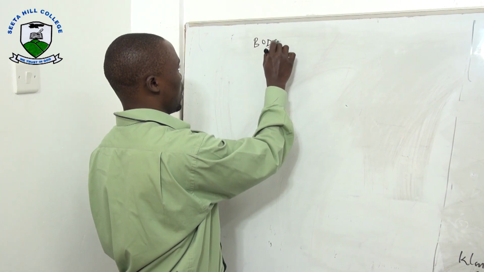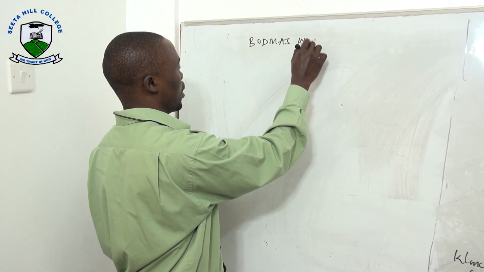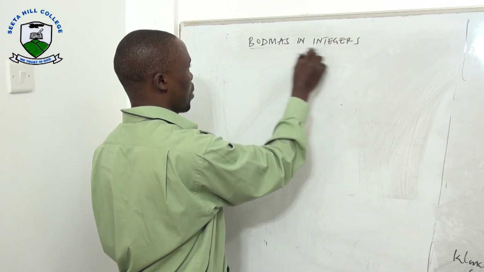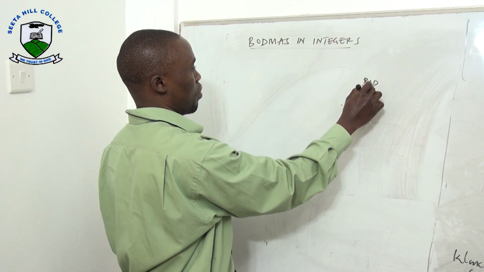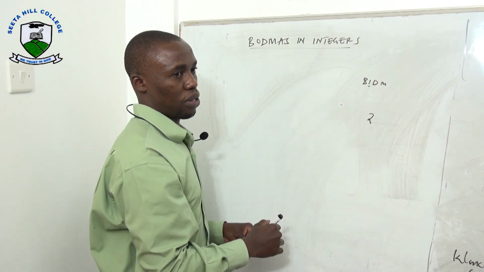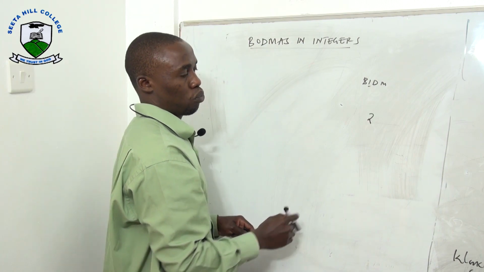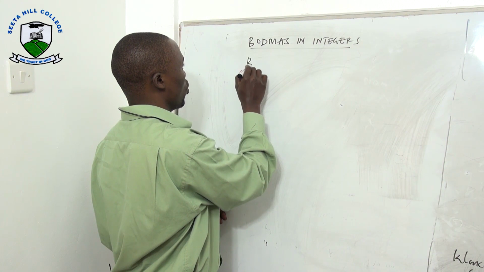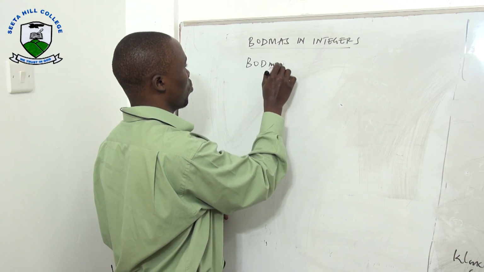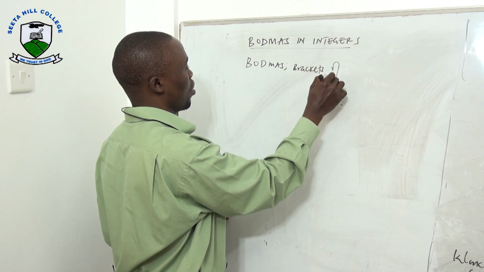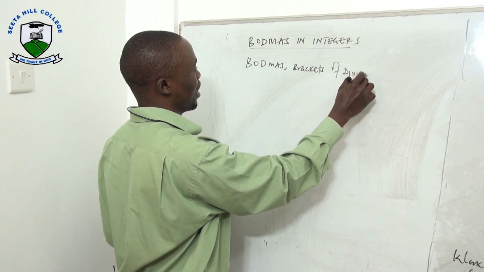BODMAS in integers. Now there is also something called the order, but that one we shall see when we have numbers with powers. For the case of today, BODMAS stands for? Brackets, division, multiplication, addition.